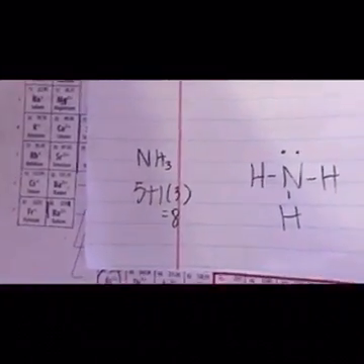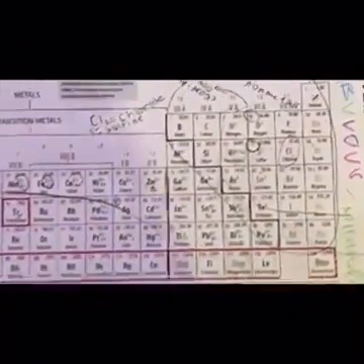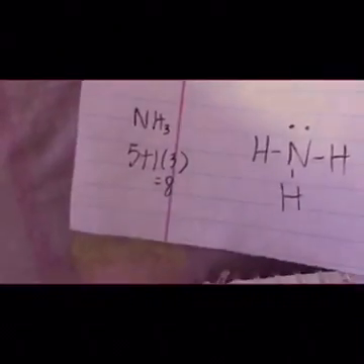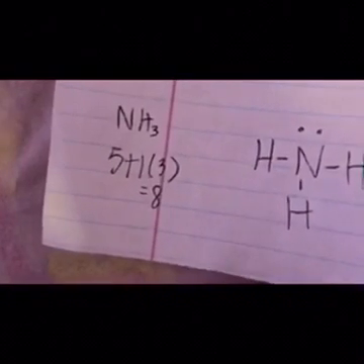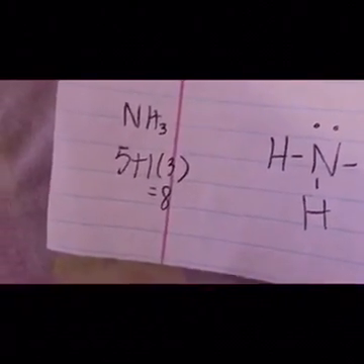NH3, which is ammonia. Now let's reference back to the periodic table, and let's find N, which is in the 5th column. So it will be 5 plus, let's look for hydrogen, which is in the 1st column. So it would be 5 plus 1 times 3, which is 8.